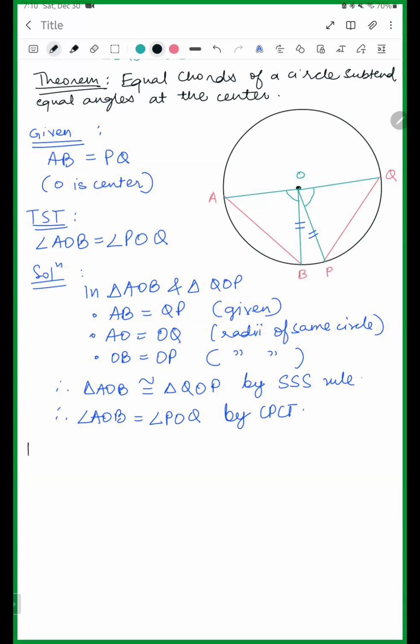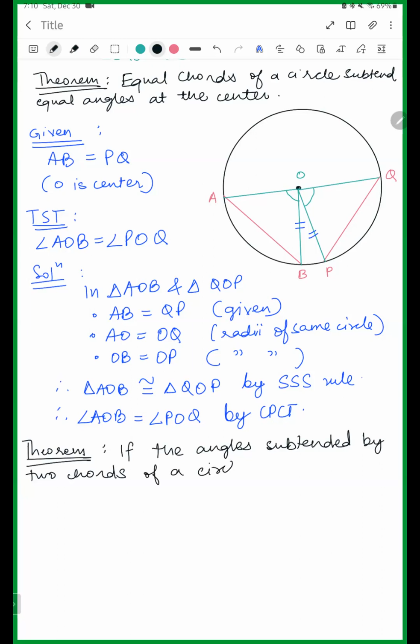Okay, so converse part. If the angles subtended by two chords of a circle at the center are equal, then the chords are also equal.